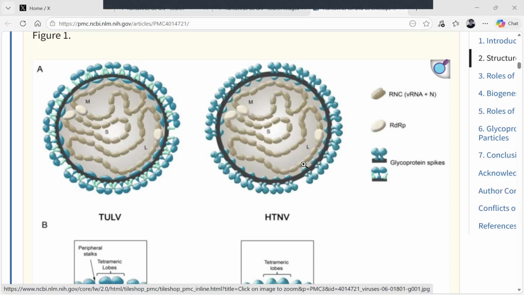And this genome is covered in an N protein. All right, there's an N protein that protects it. And there's also an RNA dependent RNA polymerase that is also packaged with each of the different genomes.